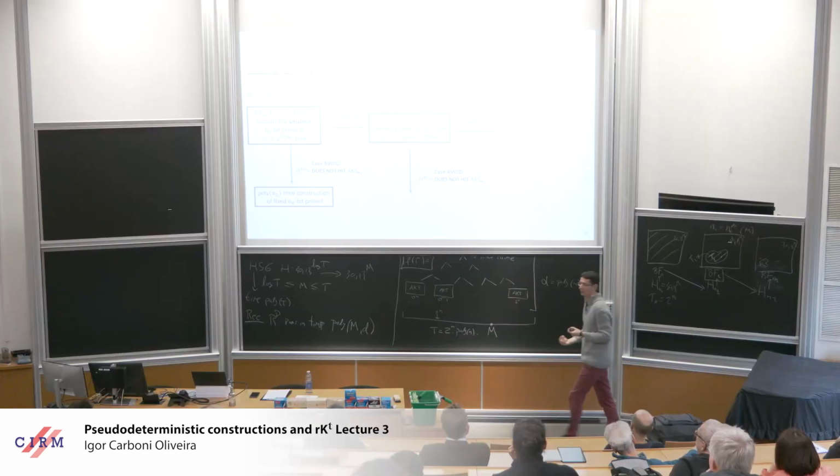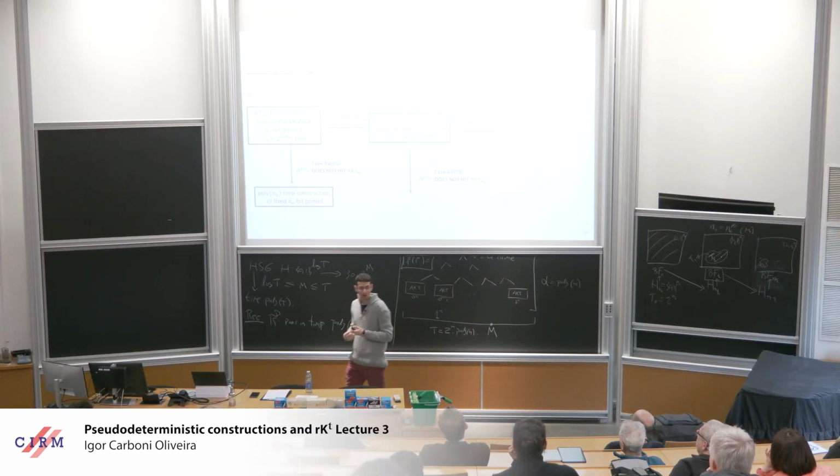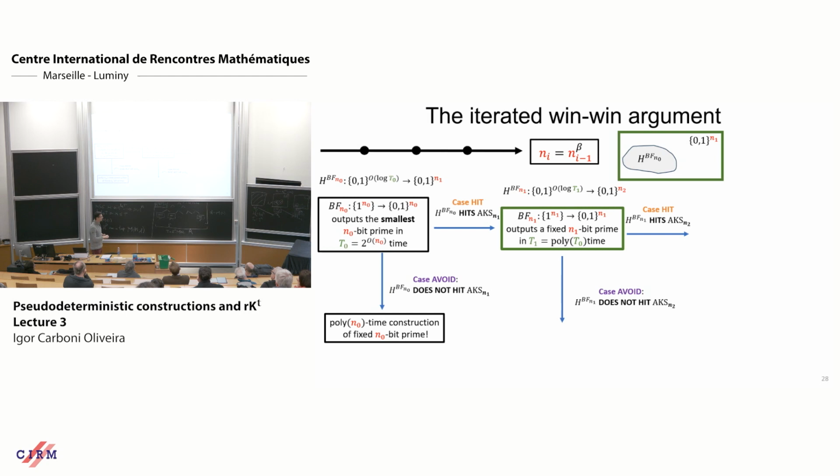And we just recurse again, okay? If it avoids, then we can compute the function f in the previous generator, which was searching over the smaller space. If it doesn't avoid, we have a new hitting set hitting a prime on the next input length.